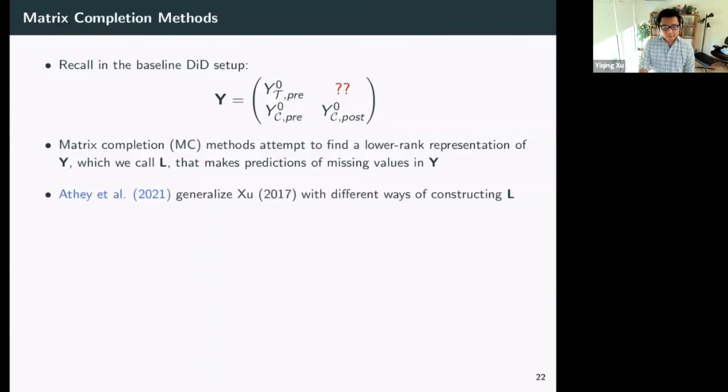And in this paper, the authors generalized what I wrote in my dissertation with different ways to construct the lower rank representation, which is L. Plus, the missing data can be arbitrary. So in my early work, I imposed a staggered adoption assumption, requiring that the treatment assignment cannot be reversed, to simplify the problem.